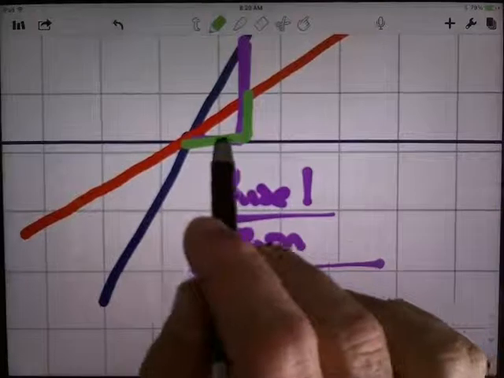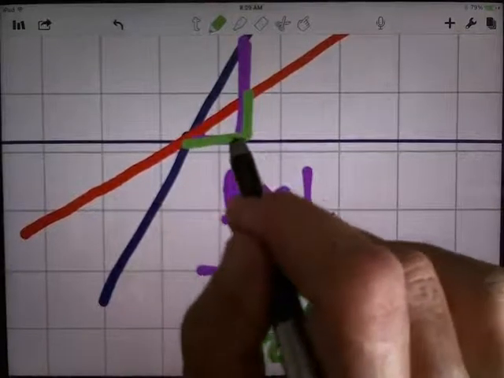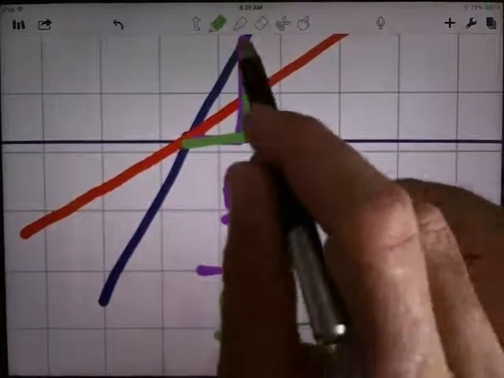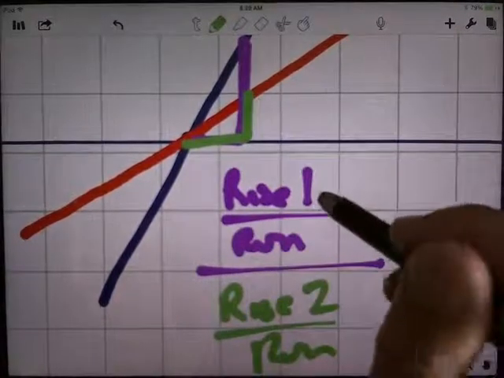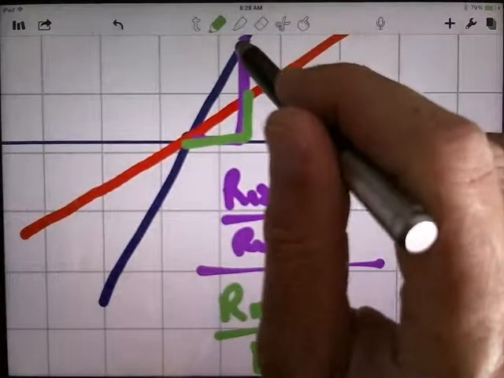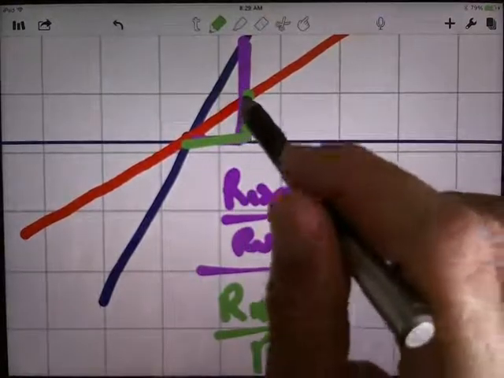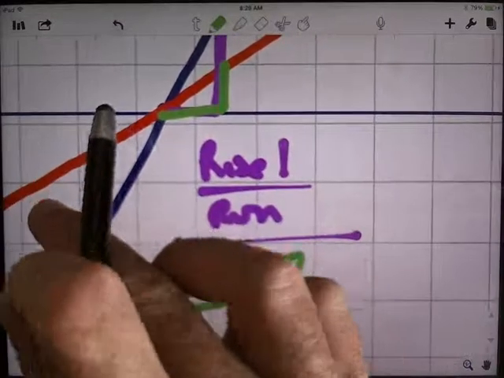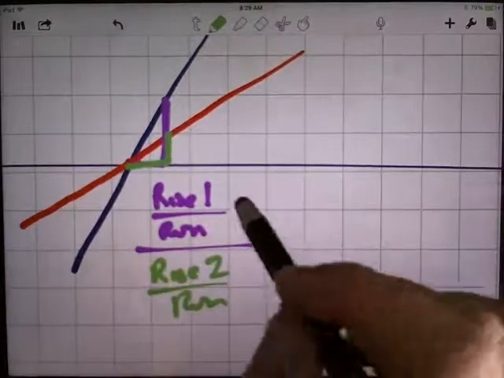Now, it's the same run in both cases. For this x value, the distance away from c is the same no matter which y value you're doing. So the slope of the blue line divided by the slope of the red line looks like this. Well, how do you divide fractions? You invert and multiply.